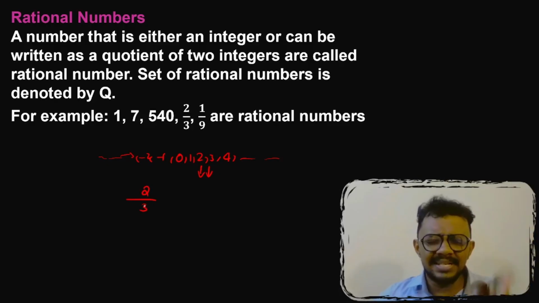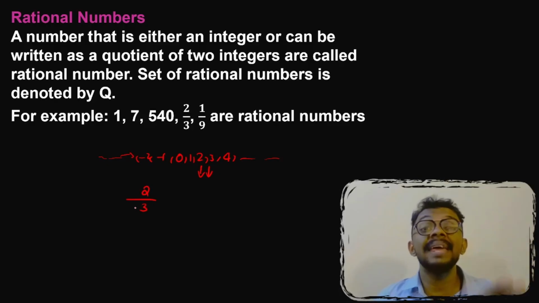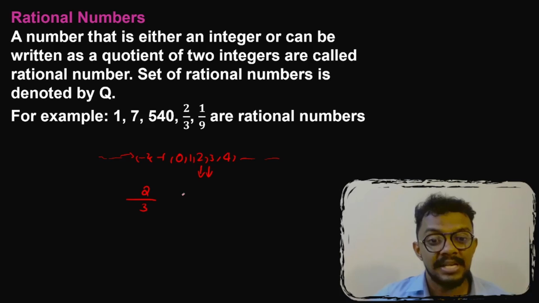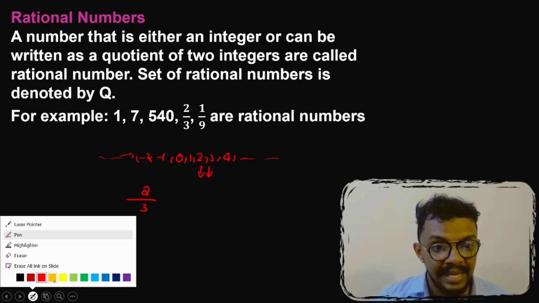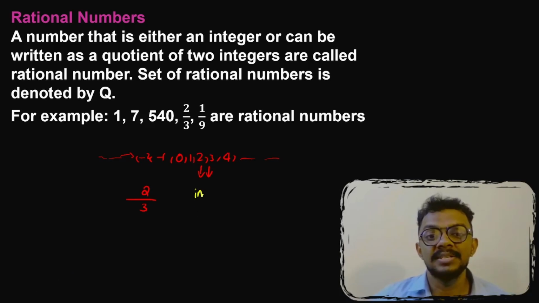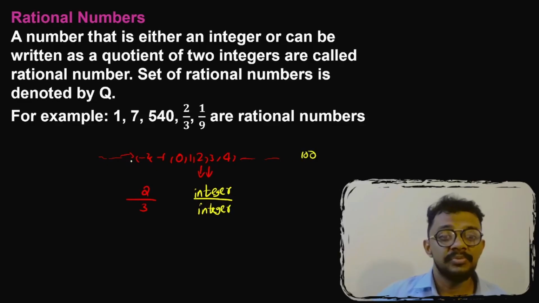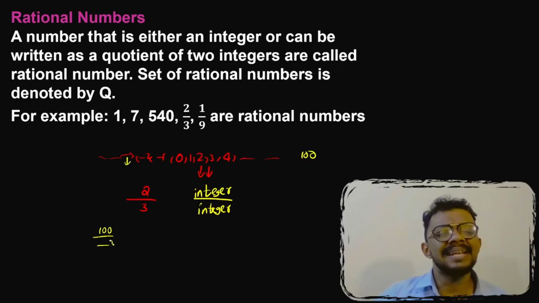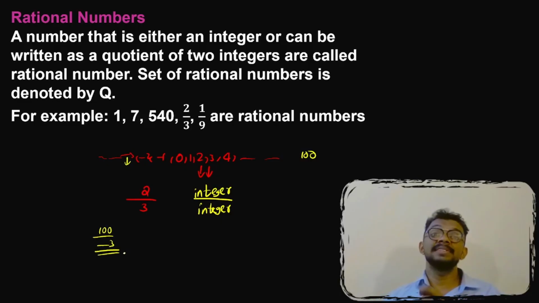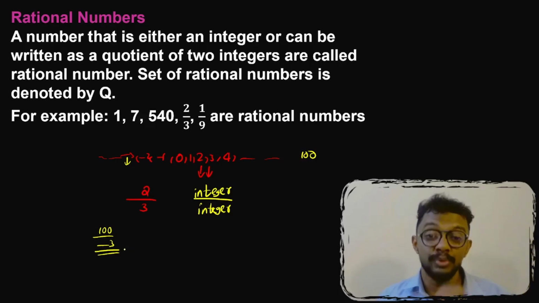So it is either an integer or numbers of the form integer by integer. For example, 100 divided by minus 3 is a rational number. Either an integer or a quotient of two integers.